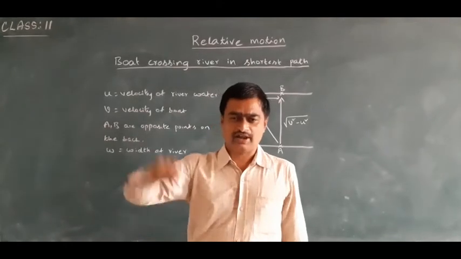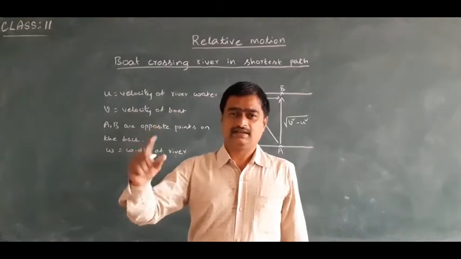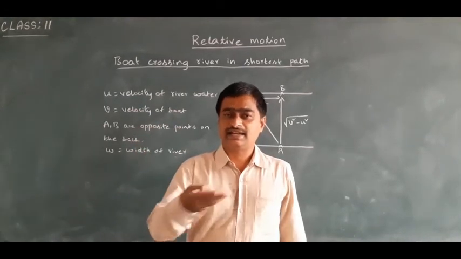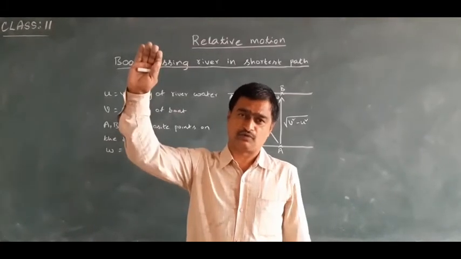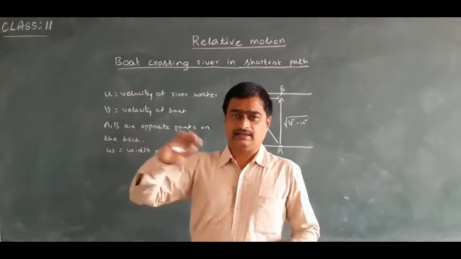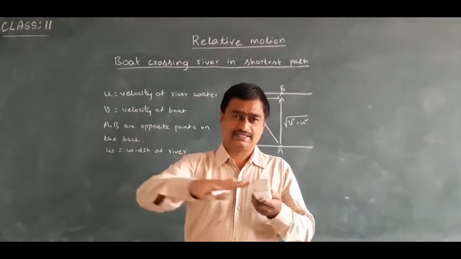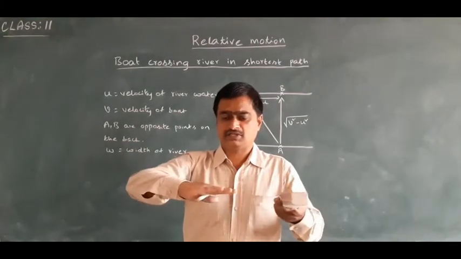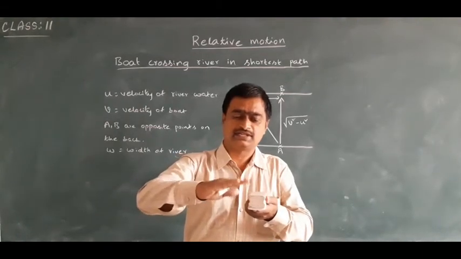Suppose we are sending a rocket to space, we have to consider its movement relative to Earth. That is, Earth is moving, and the rocket is also moving. And suppose we are crossing a road at a junction, one vehicle is coming towards the point like this and another vehicle is coming towards the same point.